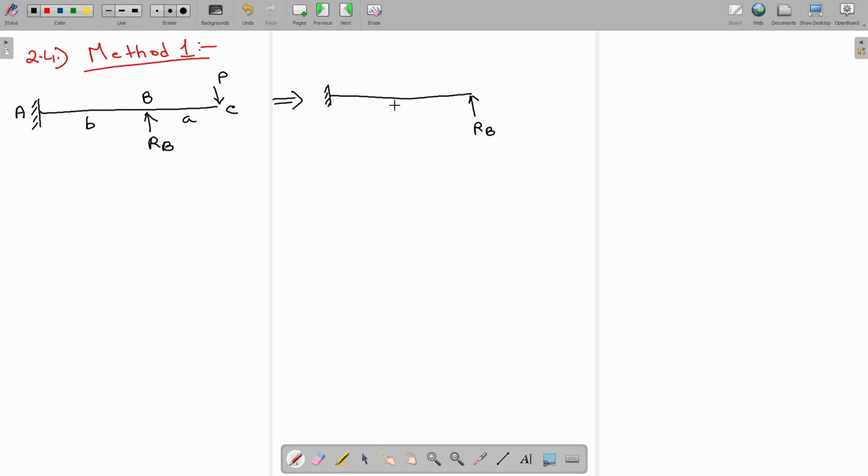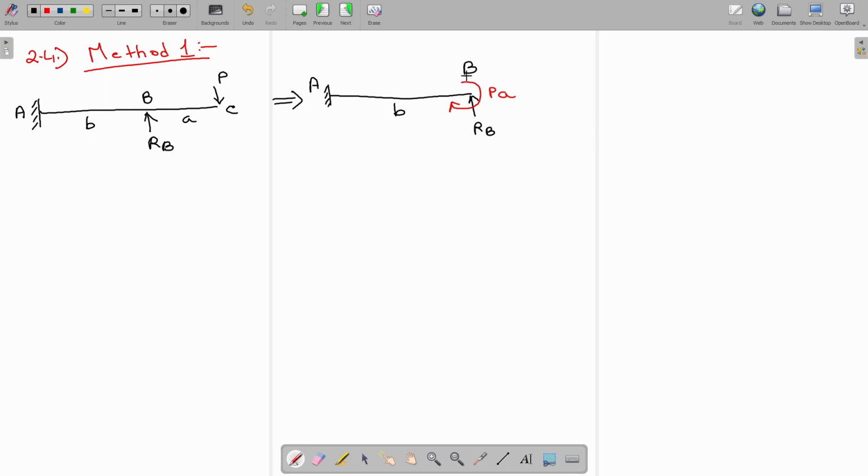This is RB. The moment is in the clockwise direction. This is PA. PA is the moment.